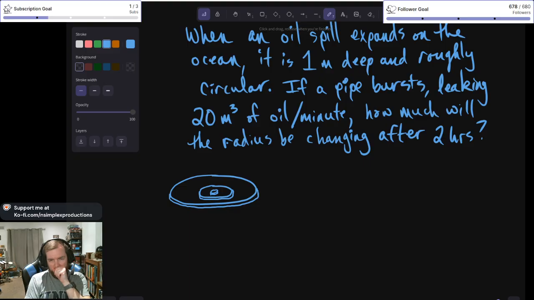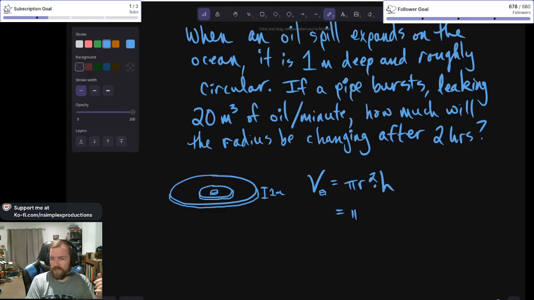Right, they are all 1 meter deep. And again, the volume of a cylinder is going to be equal to pi r squared times the height of that cylinder. Since it is all 1 meter deep, then that h is just going to be 1, so this makes it rather nice, right? H is going to be a constant.